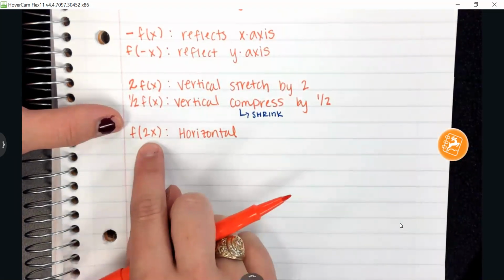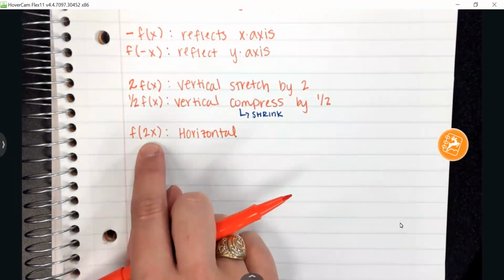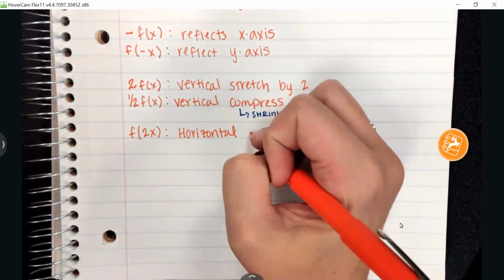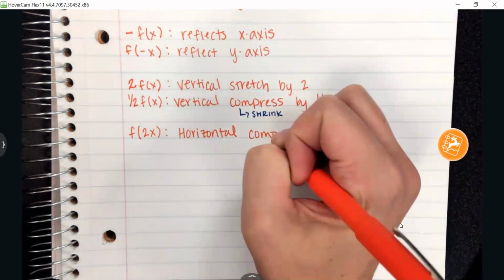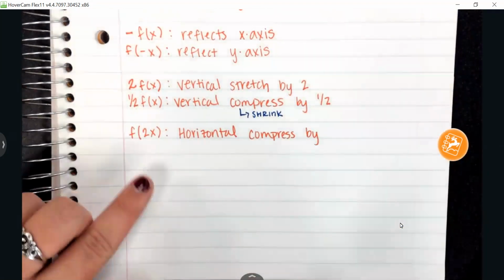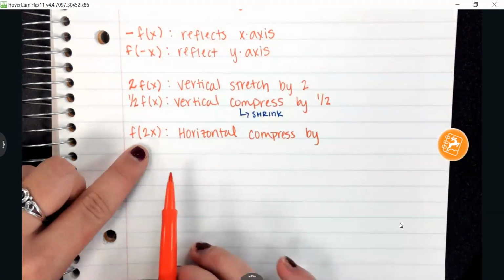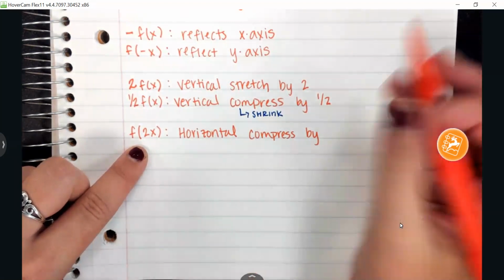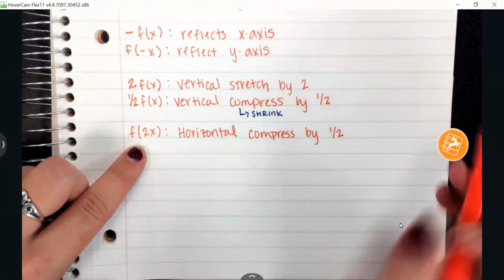So it looks like it should be getting big, but since it's opposite, what word are we going to use? The small, compress or shrink. What does it compress by? It will still compress by 1/2. When you're compressing, it has to be a number less than 1.